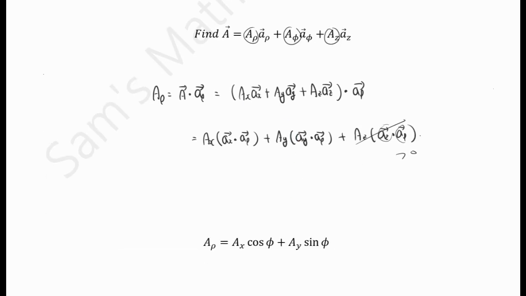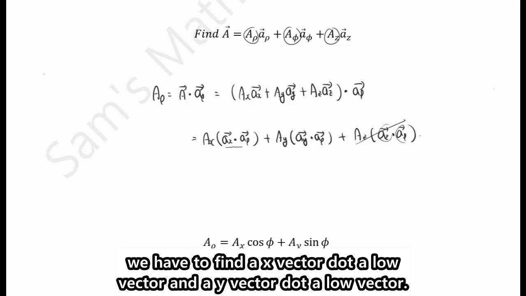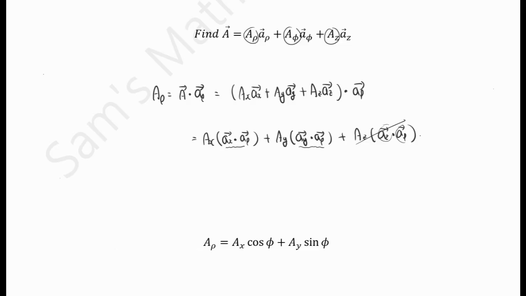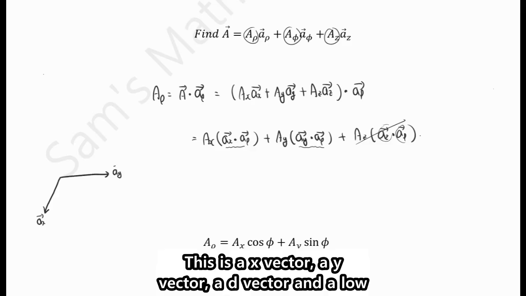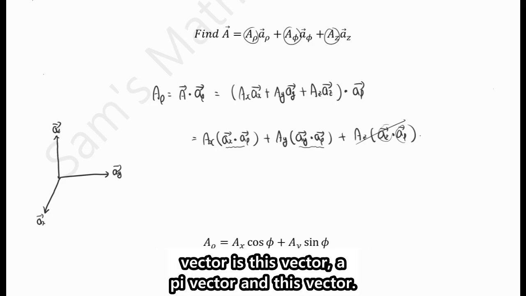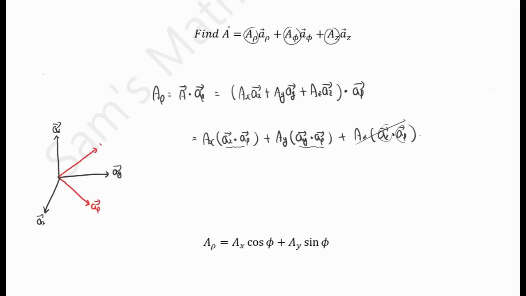And we have to find a_x vector dot a_rho vector and a_y vector dot a_rho vector. Here is the a_x vector, a_y vector, a_z vector, and the a_rho vector is this vector, and the a_phi vector is this vector.